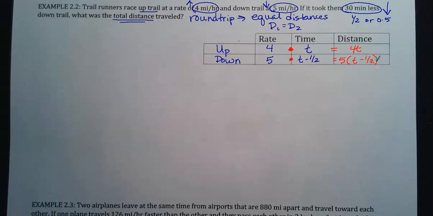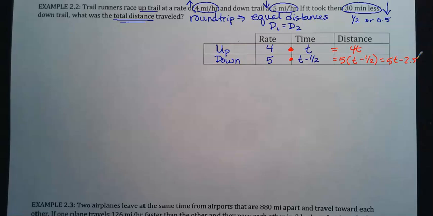Or you could go ahead and do that out: 5T minus 5 times 1/2, which is 2.5. Oh, I put an equal sign instead of a minus sign, pardon me. Minus 2.5. You can put either of those in there.